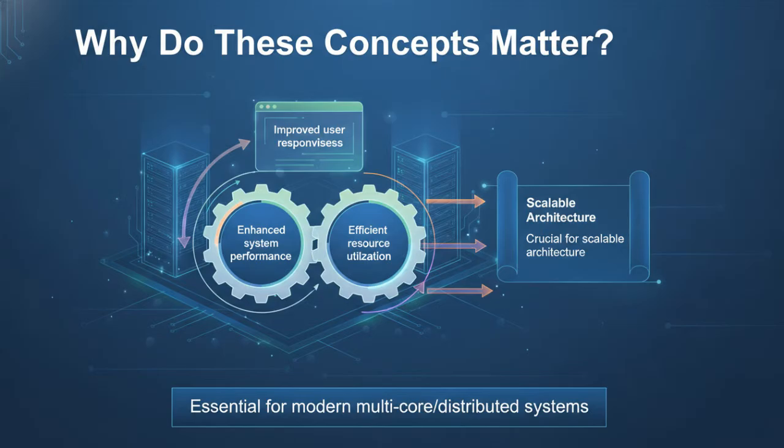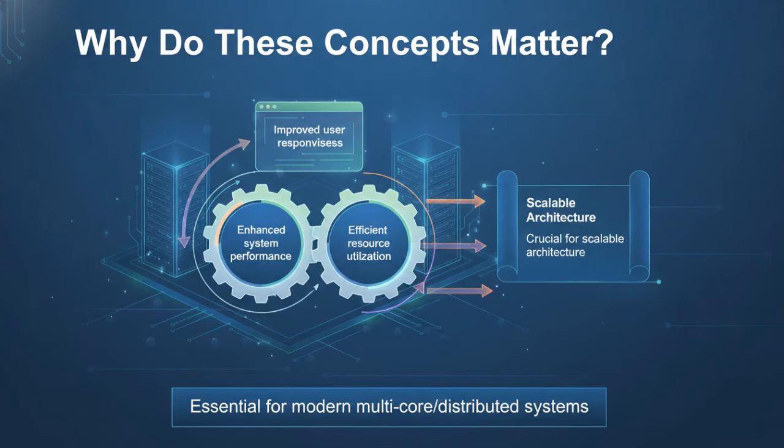Understanding concurrency and parallelism is not just an academic exercise. It's fundamental to modern software and system design. These concepts are crucial for building highly performant and responsive applications. For instance, a UI must be concurrent to remain responsive while background tasks are running. Similarly, large-scale data processing or scientific simulations demand parallelism to complete within reasonable timeframes.